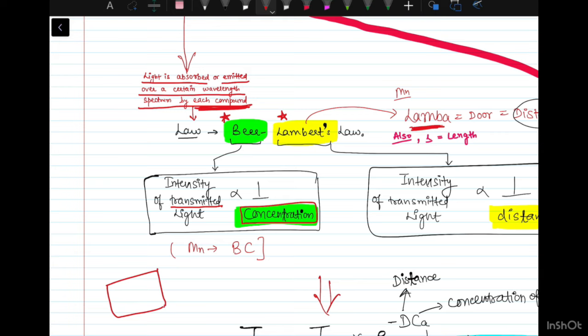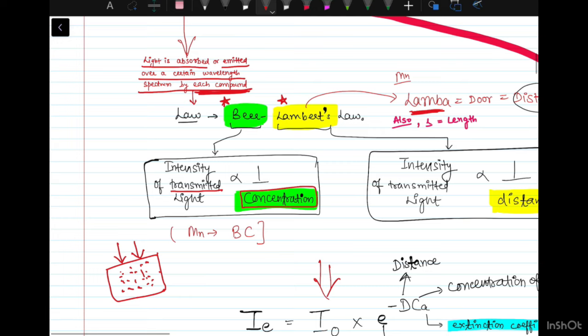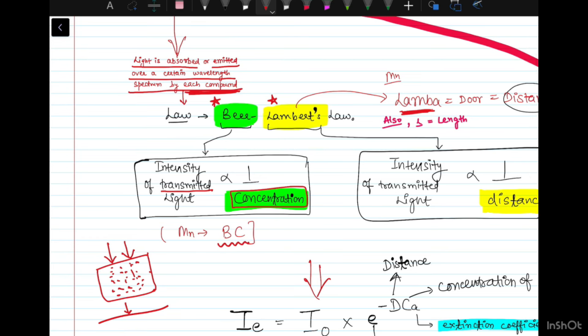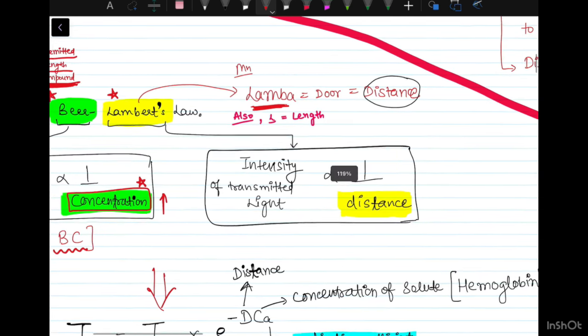Now that means if a structure has a lot of molecules, the concentration is too much, that means the light which is incident will not be able to pass through the structure, and the ultimate transmitted light will be very less. This is about the concentration and can be remembered by BC, that Beer's law is related to the concentration. The more the concentration, the lower will be the intensity of the transmitted light.